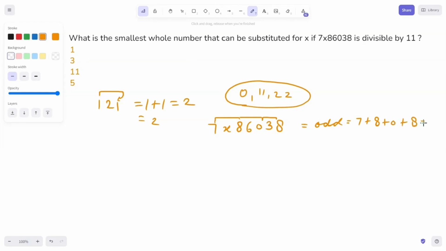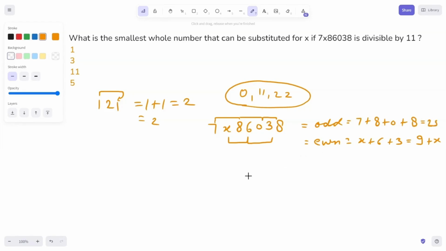Now let's calculate the even place digits, which are x plus 6 plus 3, which equals 9 plus x. And the odd place sum is 8, 16, and it is 23.